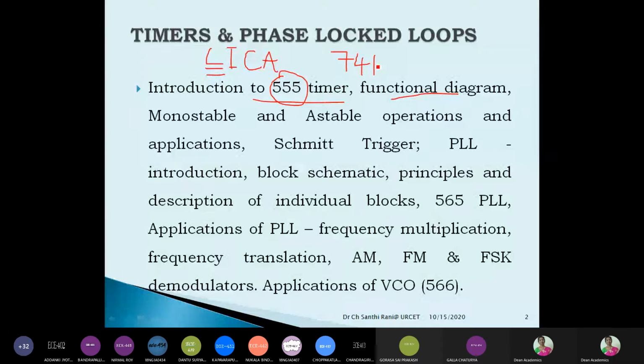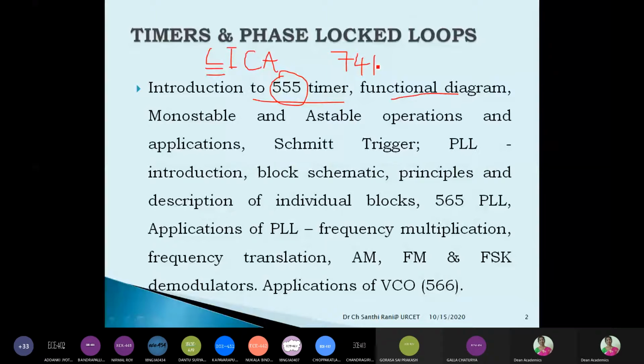We also studied the sample and hold circuit, and in Unit 4 we studied active filters: low pass, high pass, band pass, and band reject filters, first order, second order, and higher order filters, any order we can design.